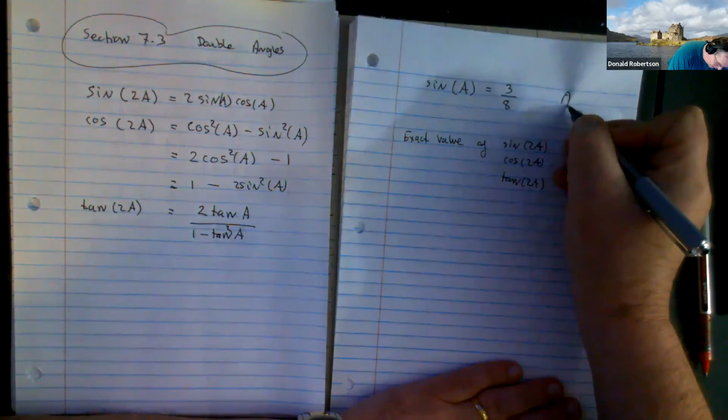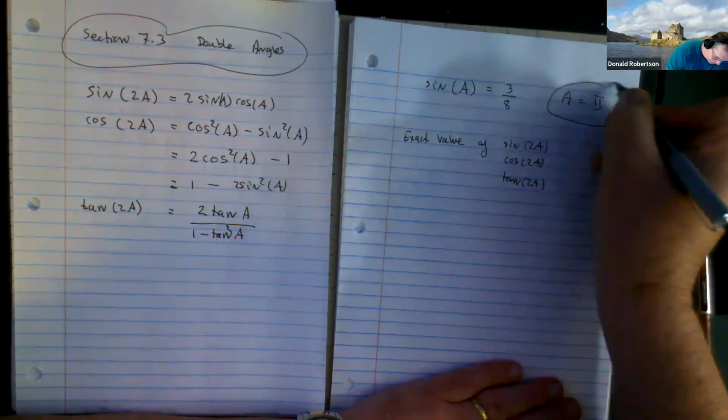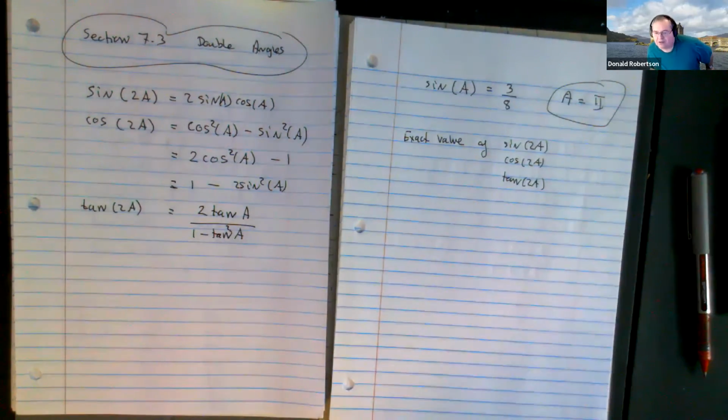And I tell you that A is in the second quadrant. That's going to be important for pluses and minuses, right? A is in the second quadrant.